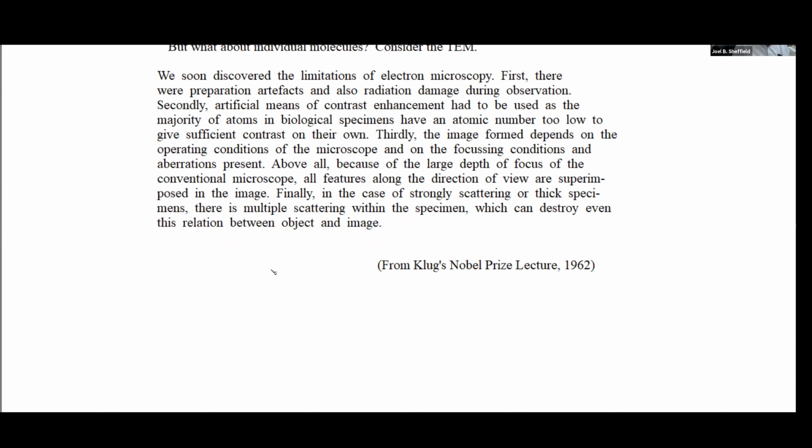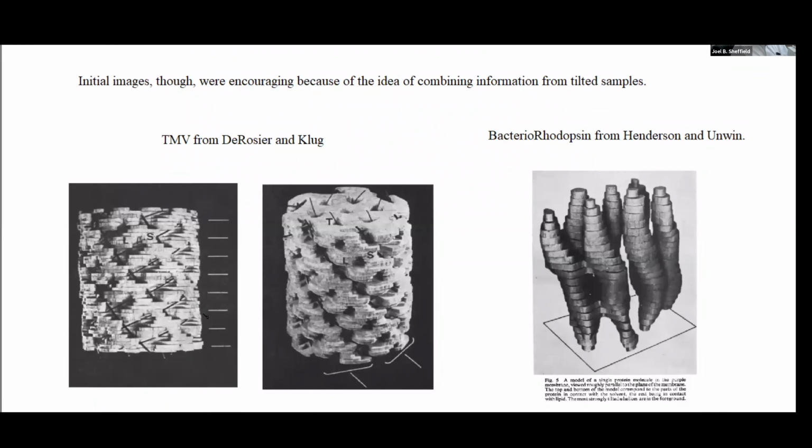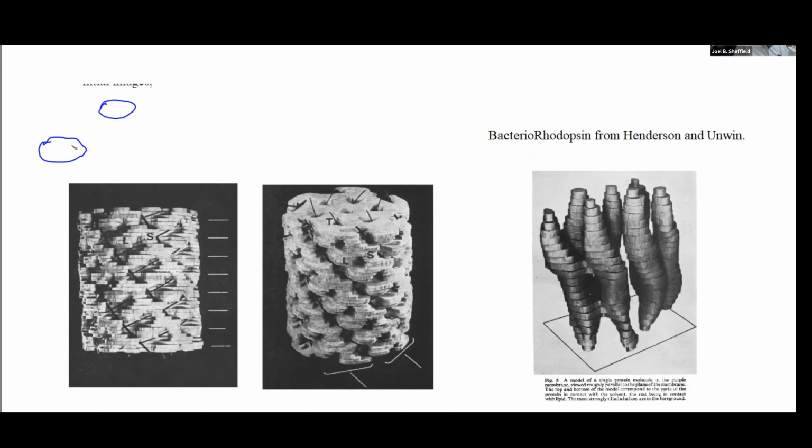So it took a while for both him and anyone else to really start using the electron microscope as a tool for high resolution structure of that sort. When he did, he initially used the equivalent of X-ray diffraction, which was electron diffraction through the samples he was looking at. So, again, this is tobacco mosaic virus, and this wonderful cylindrical structure, right?